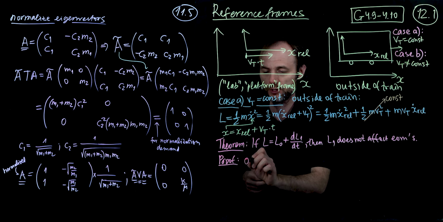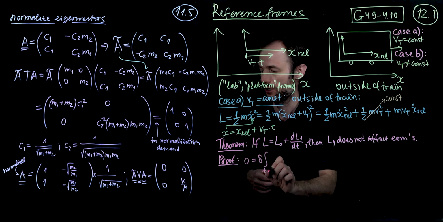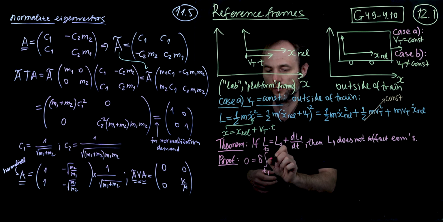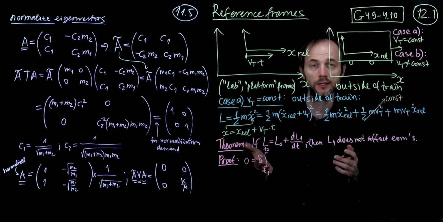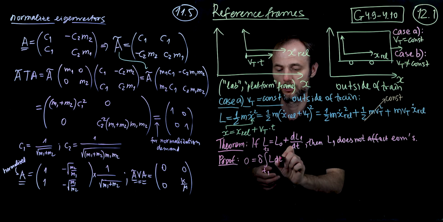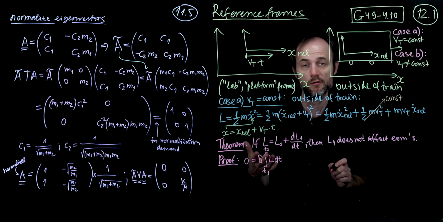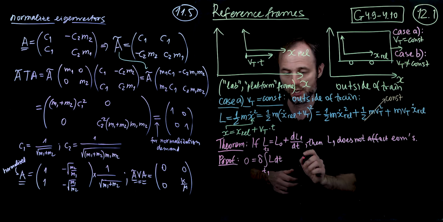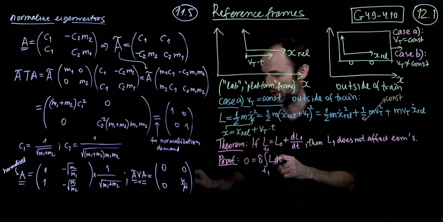So the least action principle tells us that our Lagrange equations are going to come from the fact that the variation of action, which is an integral from the starting point to the ending point of our Lagrangian in time, vanishes. So variation of that vanishes. And let us try and plug in L in here.